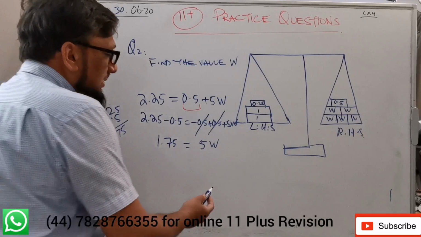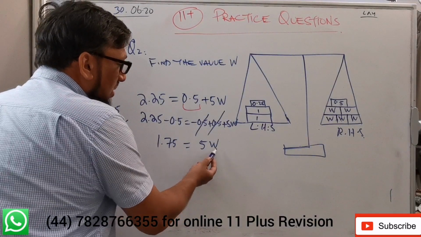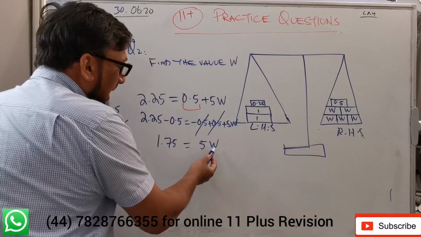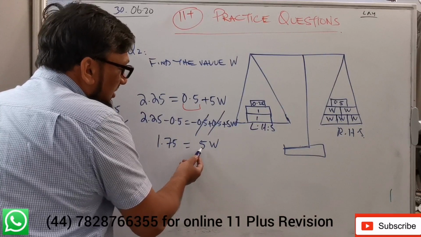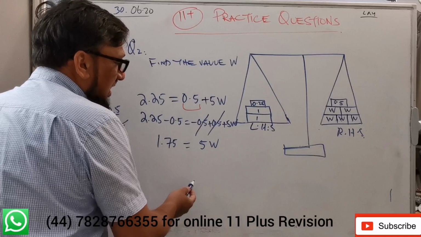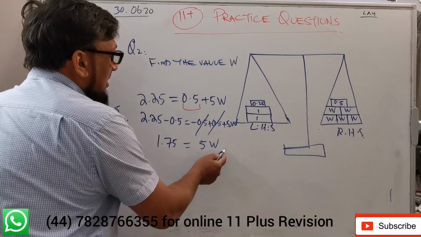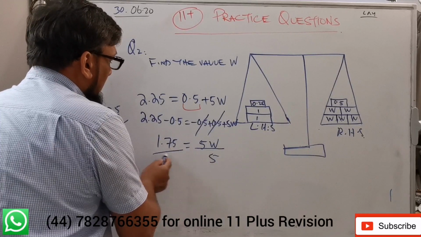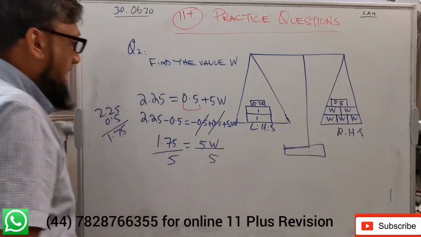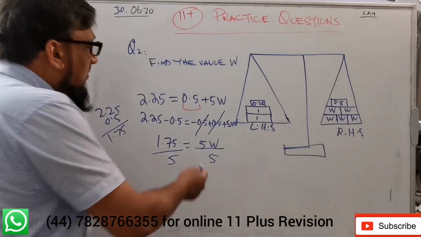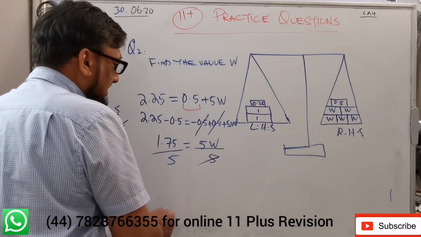And the next step, okay, we need to isolate this W. How? Next to the W is 5, which is times, so we use the inverse of 5, which is divide. So this cancels with this.